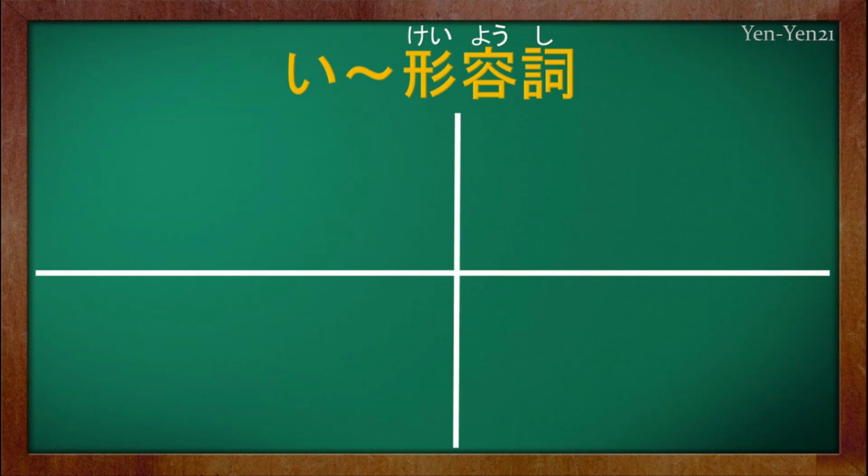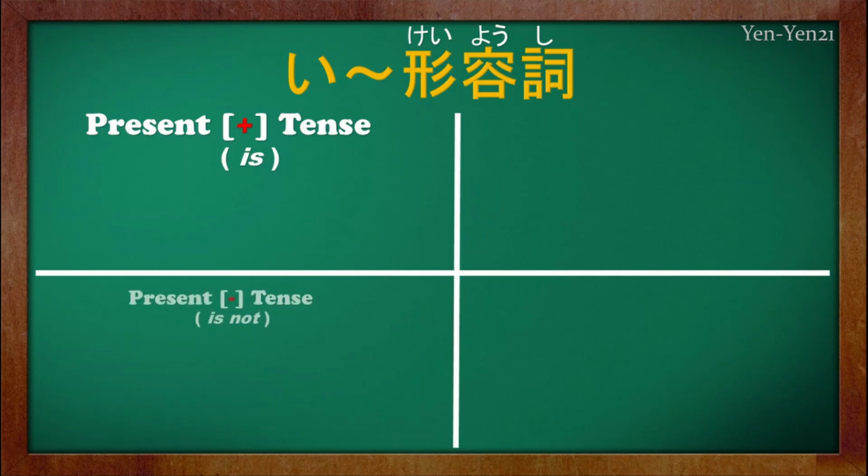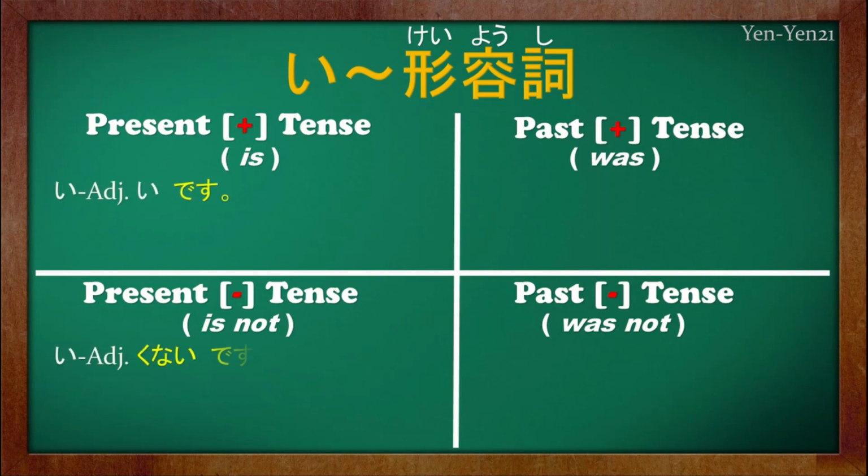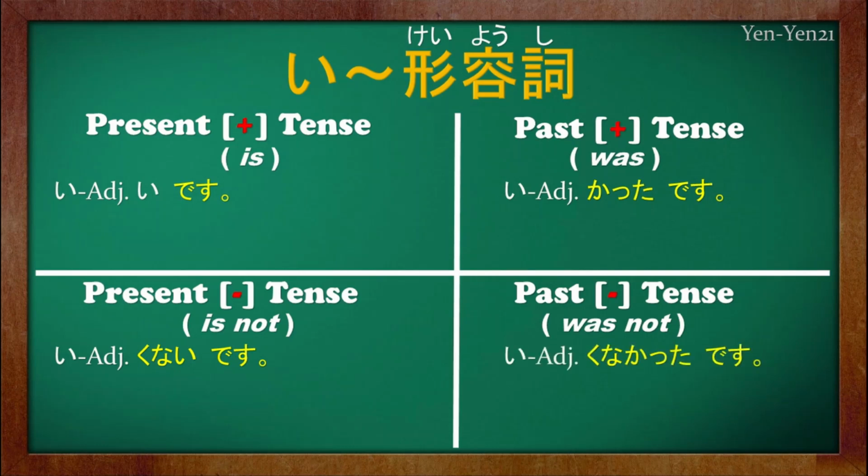い形容詞, or い adjective, also has four tenses: the present positive tense, the present negative tense, the past positive tense, and the past negative tense. In Japanese, these are いいです, くないです, かったです, and くなかったです.